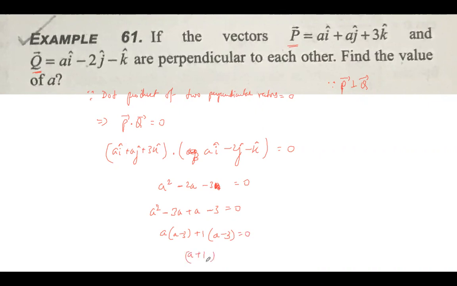So A plus 1 into A minus 3 is equal to 0. So A is equal to minus 1 or A is equal to 3. Is it clear?